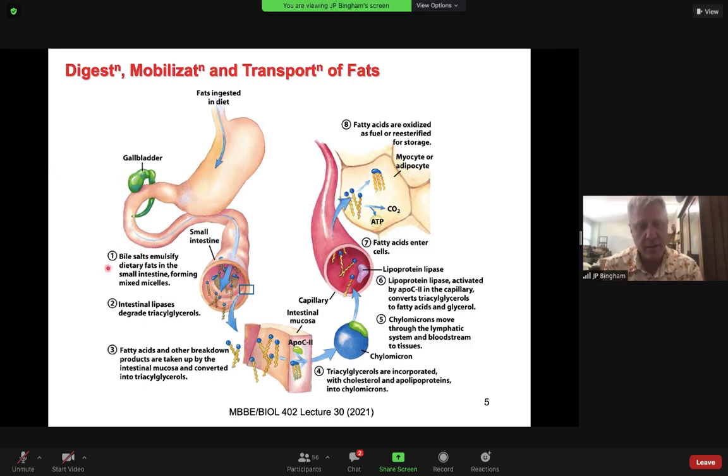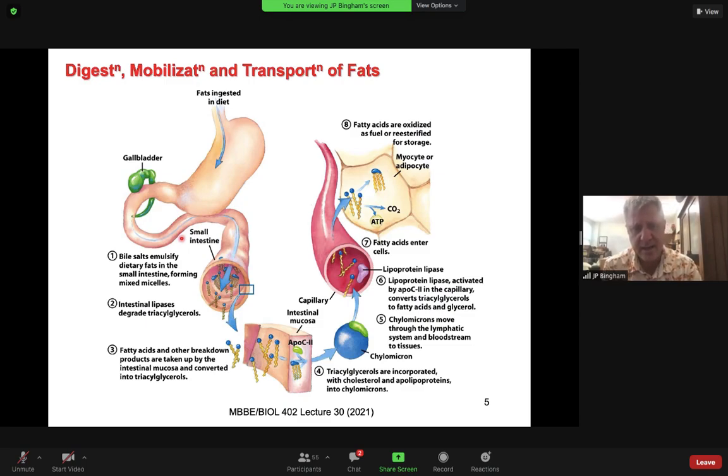So bile salts emulsify the dietary fats in the small intestine. So we've basically chopped everything up, hydrolyzed everything. We've absorbed some of the amino acids, but most of the fats are going to come through. They're going to be neutralized by the bicarbonate from the pancreas, and utilize the gallbladder to provide the bile salts, the emulsifiers, and give you these small micelle constituents.